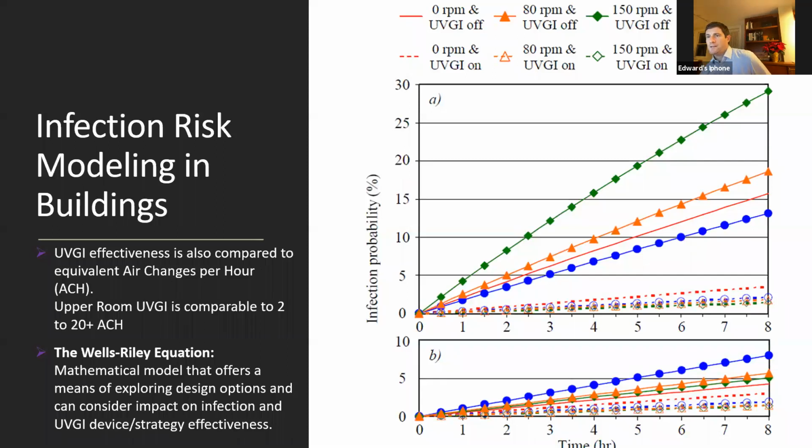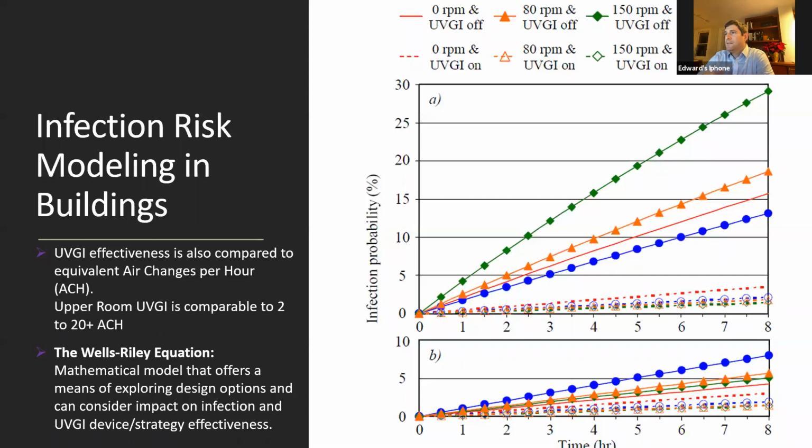It basically factors in the number of sick individuals in a space and the exposure time. And it looks at, with more air changes of clean air, the exposure time is reduced, and likewise the infection risk is reduced. So the Wells-Riley equation has been used for decades to help us model the infection risk.